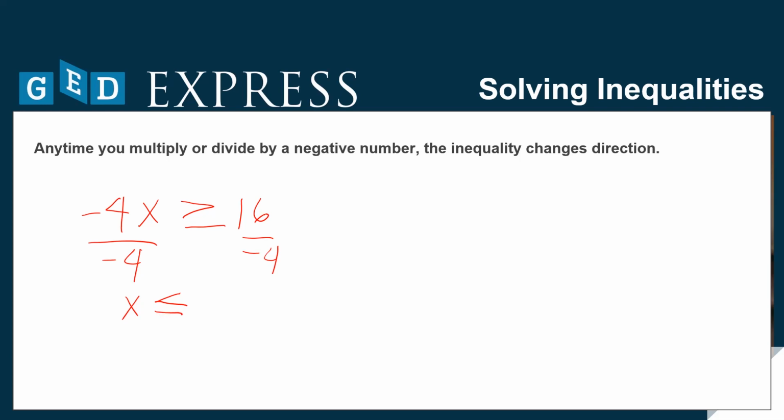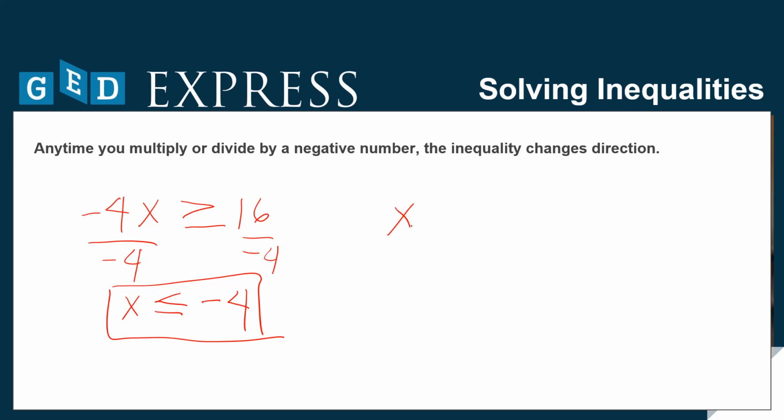Then 16 divided by minus 4 is minus 4. So the answer is x is less than or equal to minus 4. As you can see, other than the change in direction of the inequality, the solution steps are generally the same as those for equations. Let's try another example.